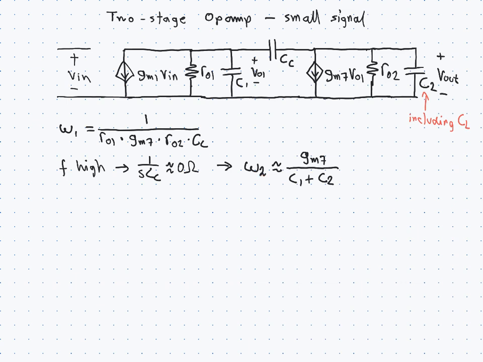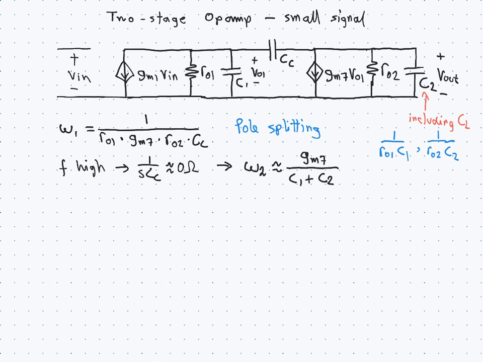Now, a term that's sometimes used also for the Miller effect here in the amplifier is pole splitting, and this refers to the rather wonderful effect that if we do not put in the Miller capacitance, then we get a pole from the first stage, which is 1 over R_O1 C1, and a pole from the second stage, which is 1 over R_O2 C2.